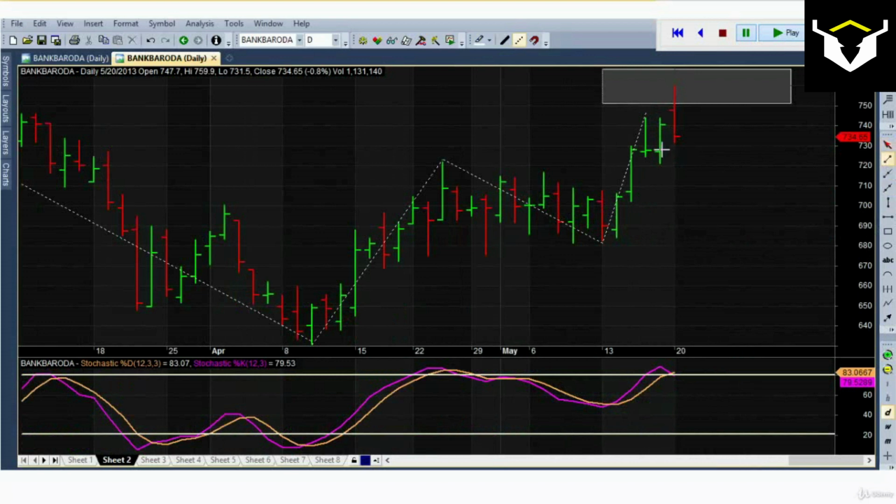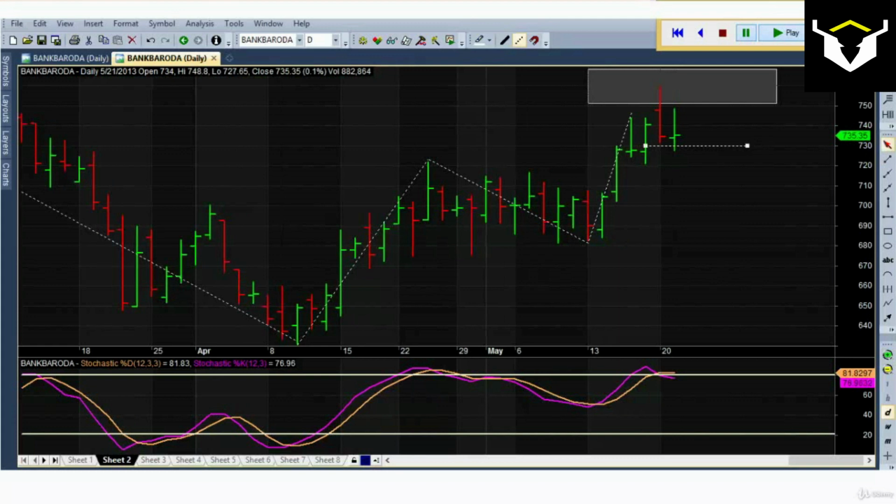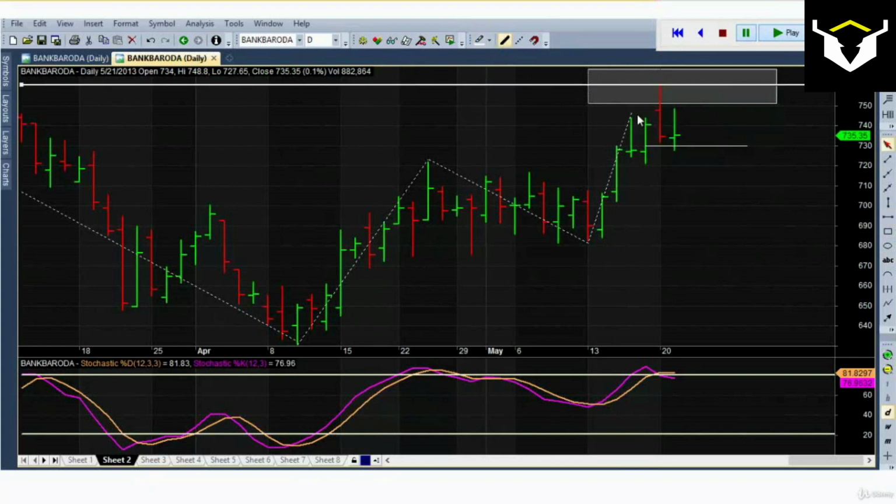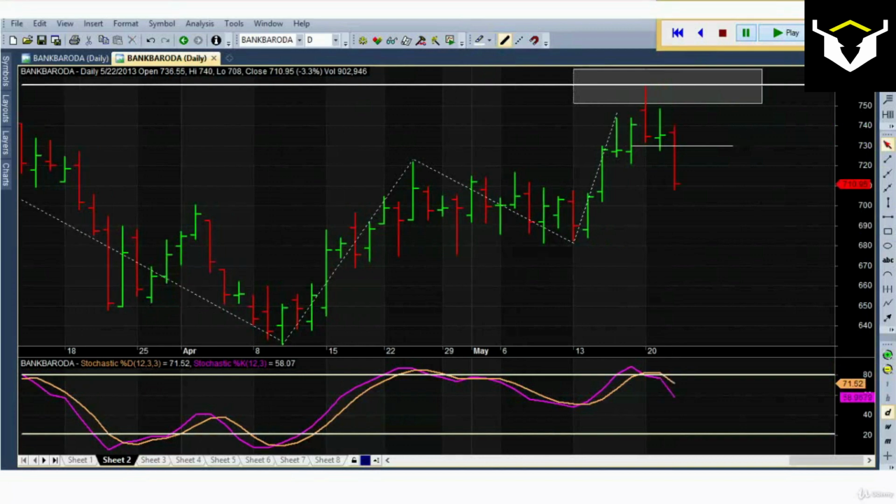So we place a sell stop below this bar low, add one more bar. As of the last bar, sell stop is triggered. So we place a stop loss above the swing high. Let's add some bars.